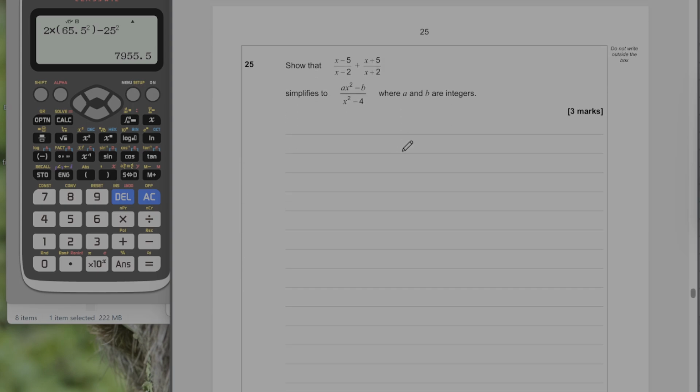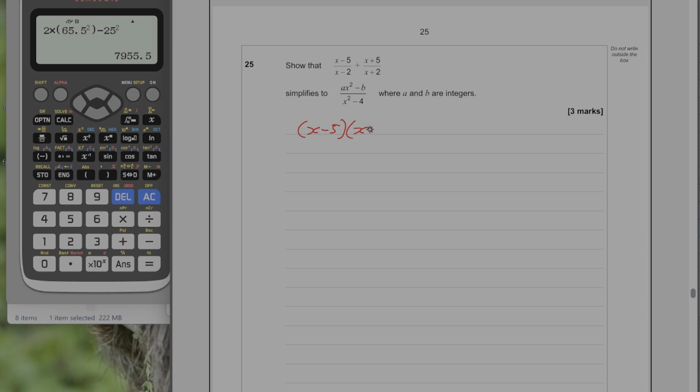Okay, show that it simplifies to... okay, right. So I'm going to say that x minus 5 times x plus 2, plus x plus 5 times x minus 2, divided by x minus 2 times x plus 2.